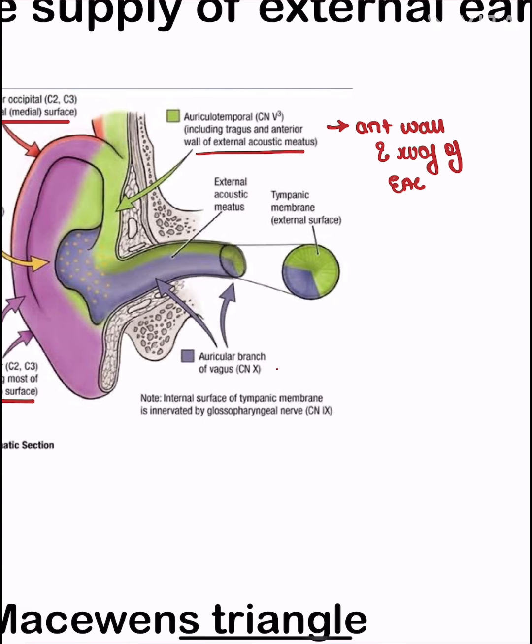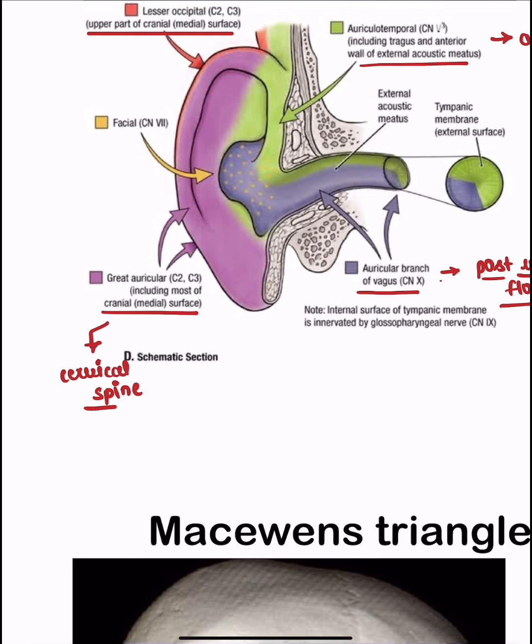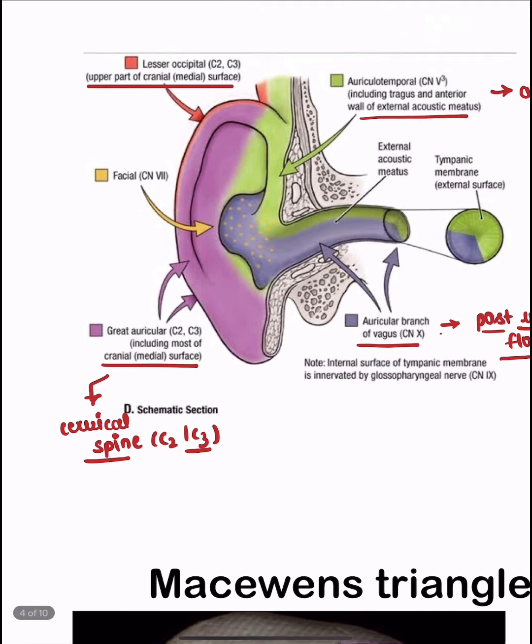The referred pain from parotid gland and anterior two-third part of tongue comes via auriculotemporal nerve, and the referred pain from the cervical spine, mainly C2 and C3, comes via greater auricular nerve.